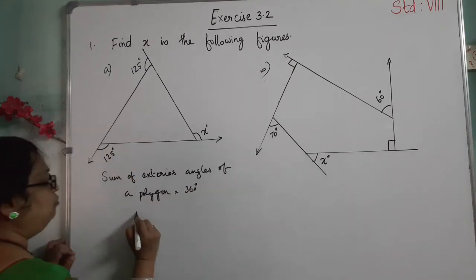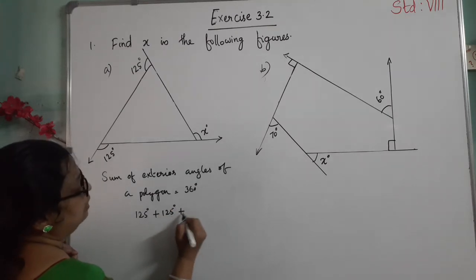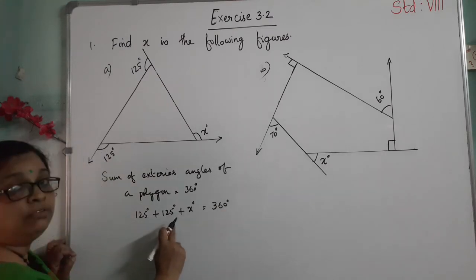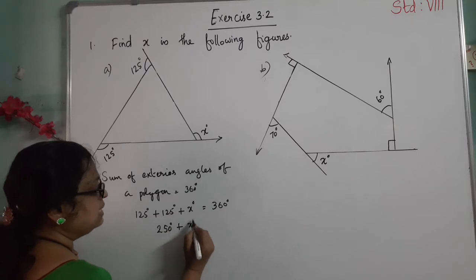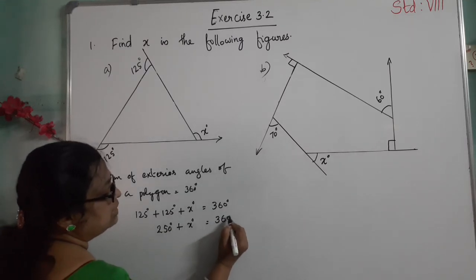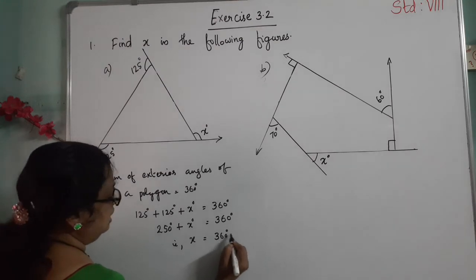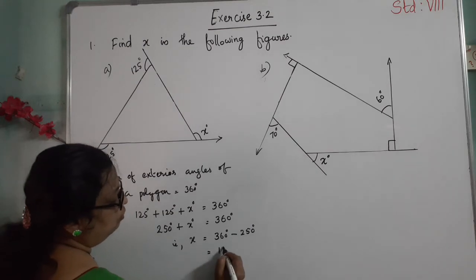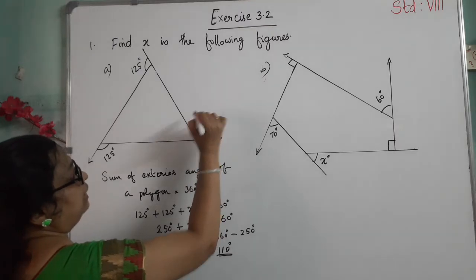So we can write 125 degrees plus 125 degrees plus x degrees equal to 360 degrees. 125 plus 125 is 250 degrees, plus x equal to 360. That is x equal to 360 minus 250, which equals 110 degrees. So this is 110 degrees.